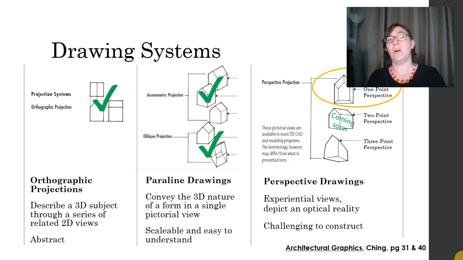And now we're moving on to the perspective section of our course. Perspective drawings are experiential views and they depict an optical reality as opposed to the orthographic and paraline, which were very constructed. Perspective drawings can be more difficult and challenging to construct because of that reality.